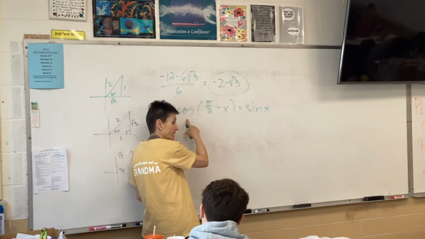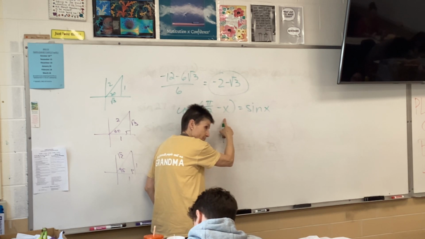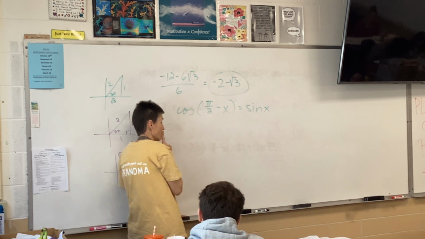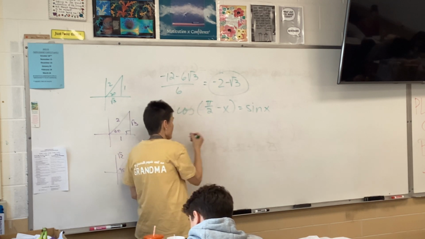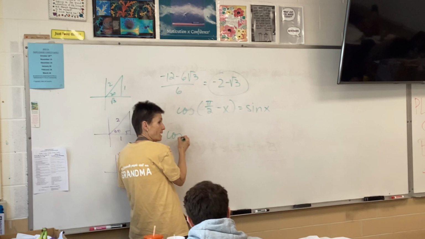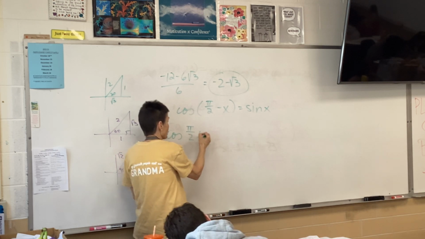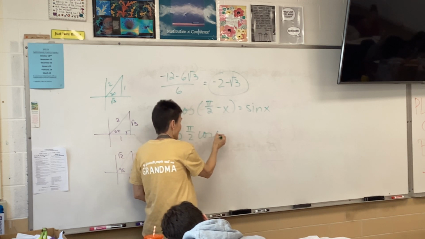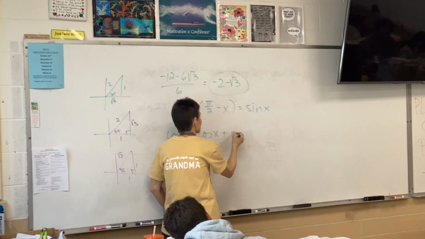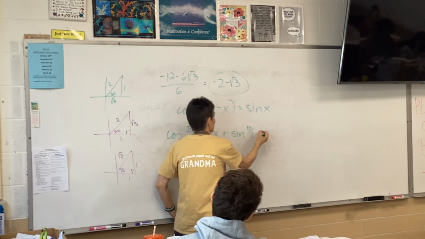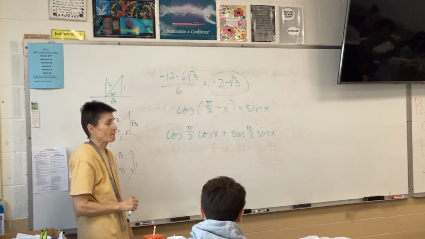This is a cosine of a subtraction. What does the formula say for the cosine of a subtraction? Cosine first, cosine second, plus sine first, sine second. Remember, the cosine formulas, they're different.